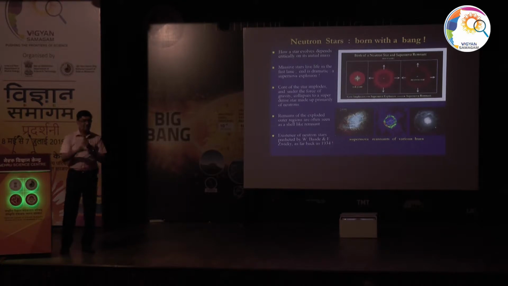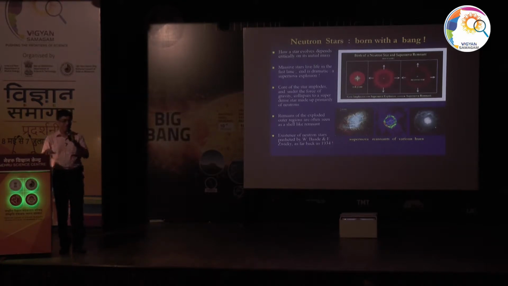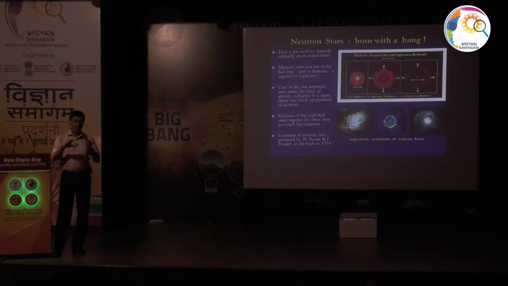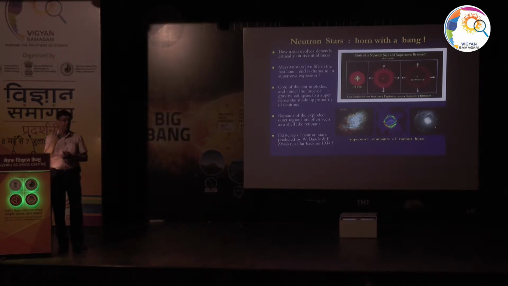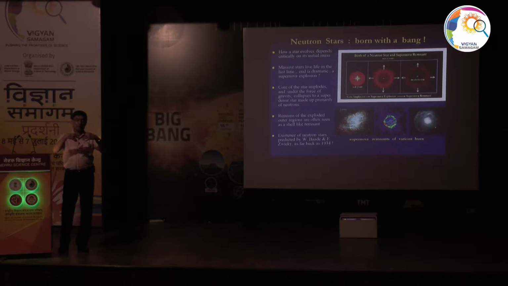Okay, so it's slightly different from maybe what you had in mind, but it does do that. That rebounding material puts pressure on the surrounding tenuous gas which was there in the parent cloud, and there are parts of that cloud which can get compressed to enough density that a new star can start forming there. So it will trigger a new star forming from the death throes of the bigger and older star. So that is like a cycle that happens.